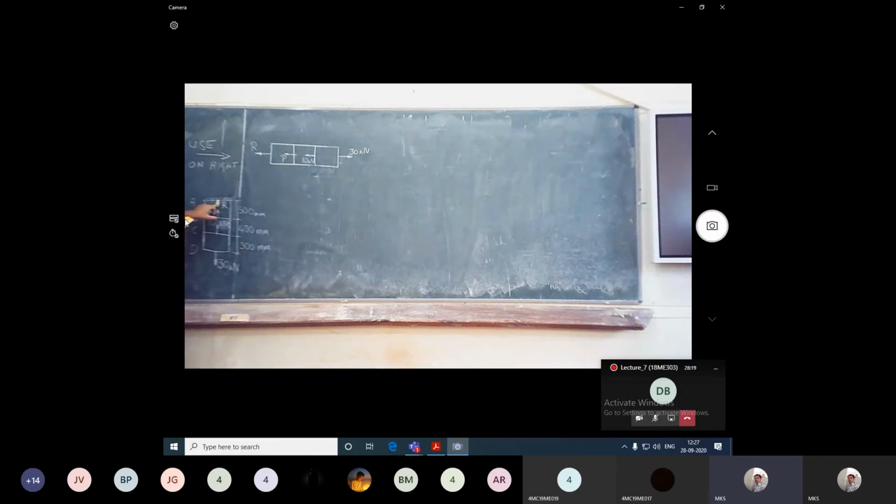But the only thing is here you should take R. Why? Because it is a support, and at a support the reaction force always exists.